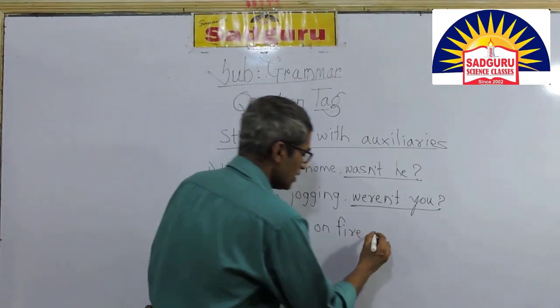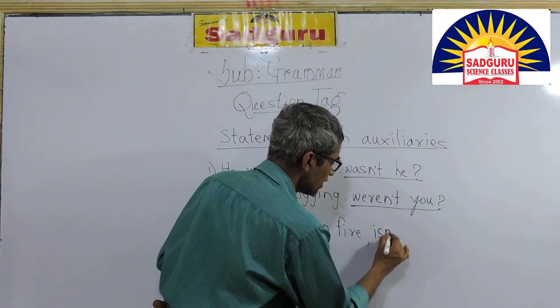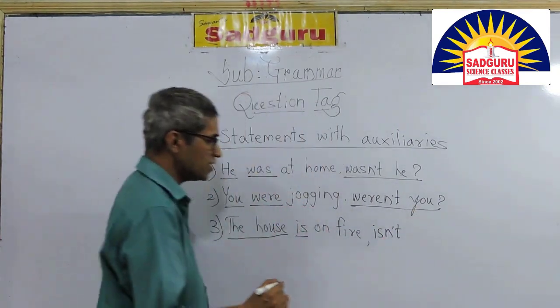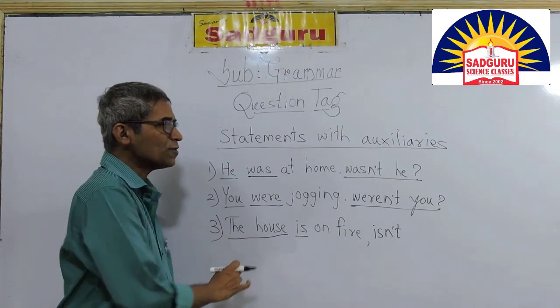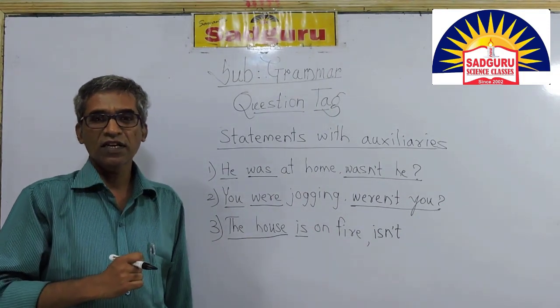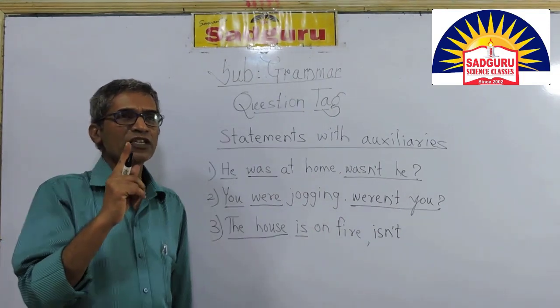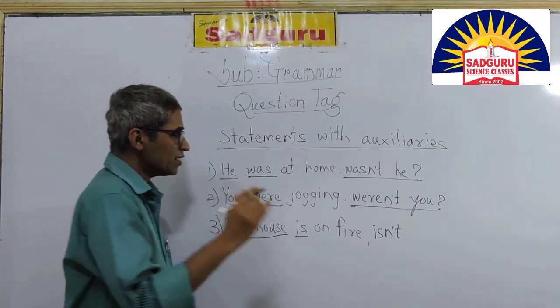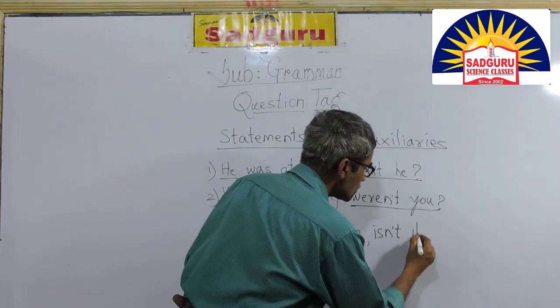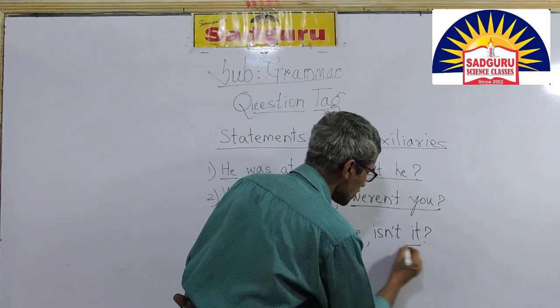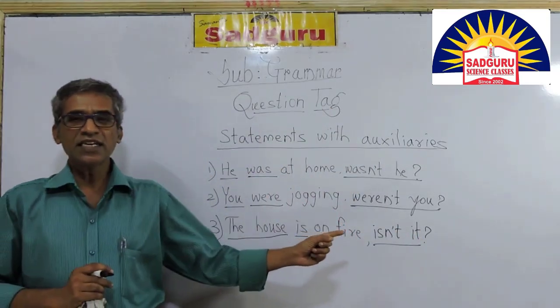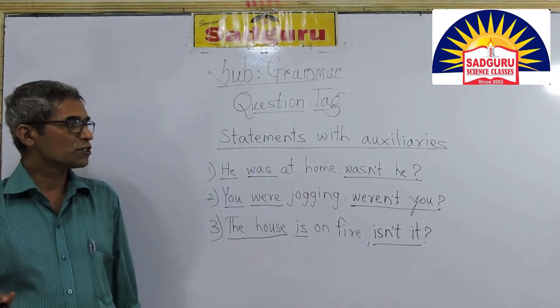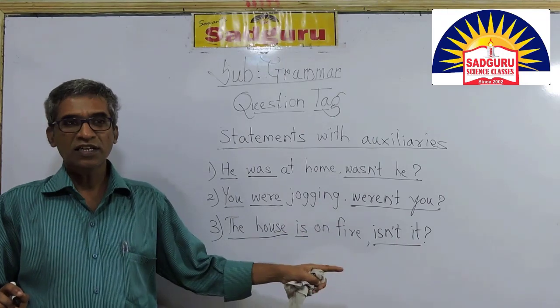First step is to make it negative: isn't. House is a non-living thing. And for one non-living thing, you know, it is taken. So the question tag is, isn't it?